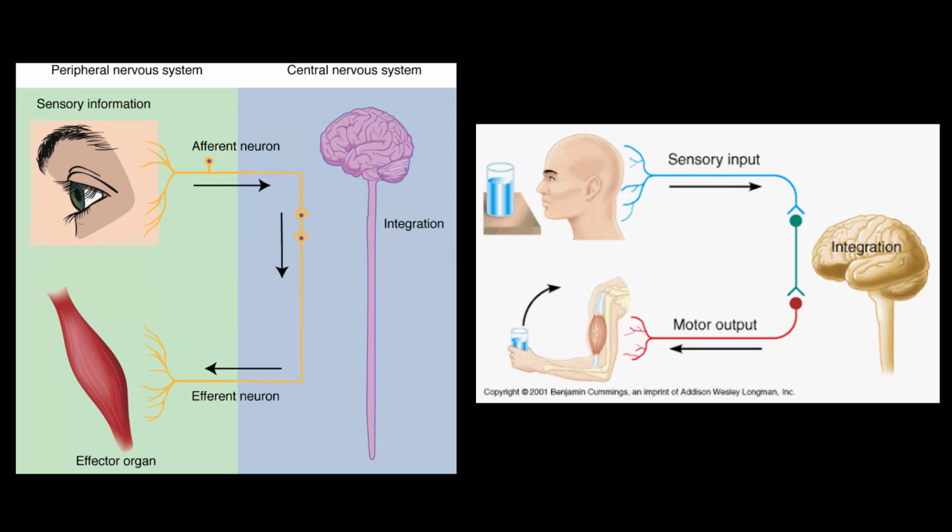Sensory neurons are going to send information about the temperature of the hot stove to the brain. So the sensory neuron is bringing information from the outside, that is from your hand, all the way inside into your brain.